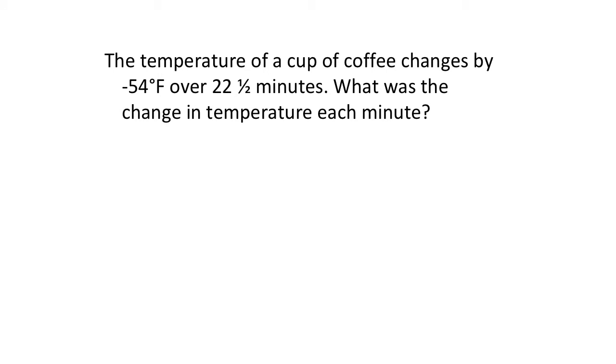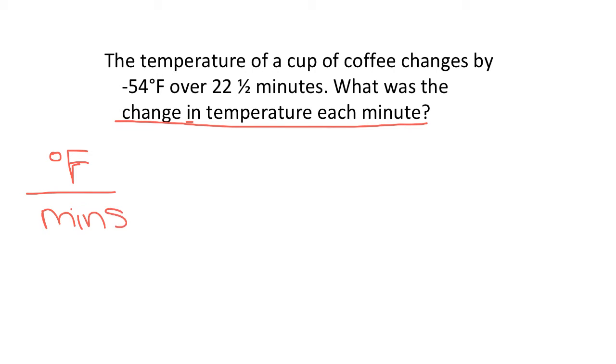Question 6. The temperature of a cup of coffee changed by negative 54 degrees Fahrenheit over 22.5 minutes. What was the change in temperature each minute? Key piece of information here is change in temperature in each minute. Each minute means we want to find for 1 minute. So we want to take our temperature in degrees Fahrenheit and divide it by the number of minutes to find for 1 minute.